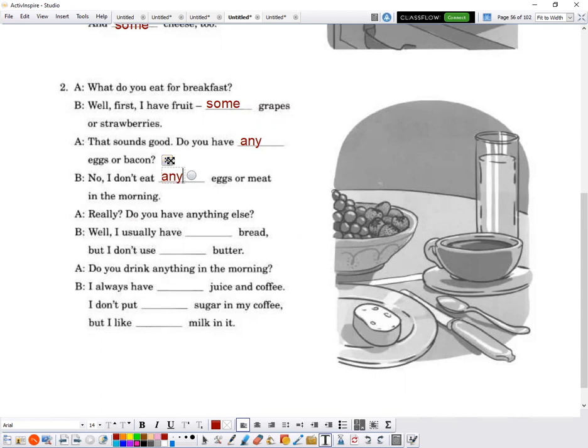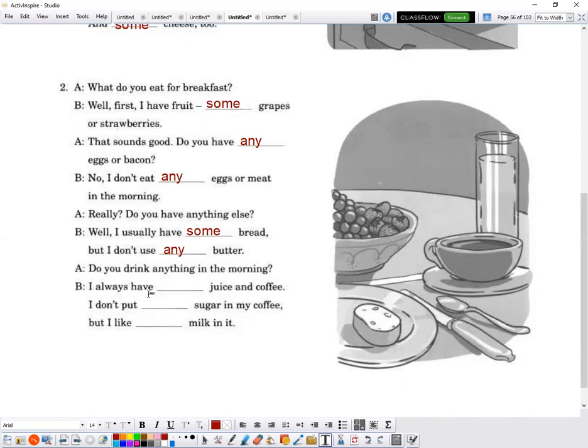Okay. Next. Really? Do you have anything else? Well, I usually have some. Why some? Affirmative. But I don't use any butter. Because what? Because not. Negative.